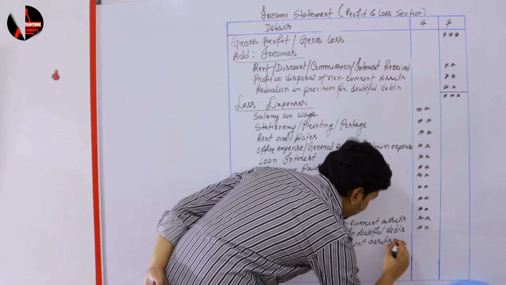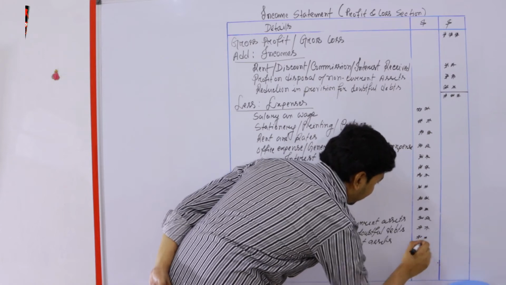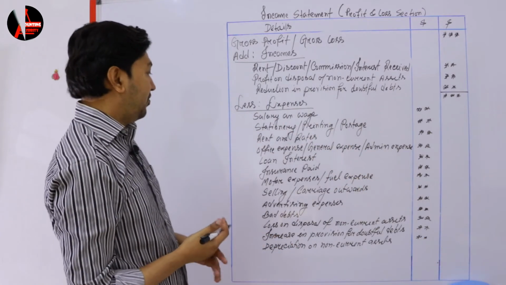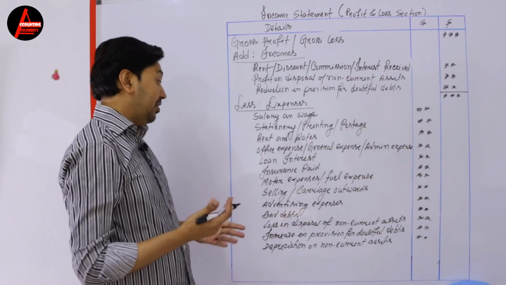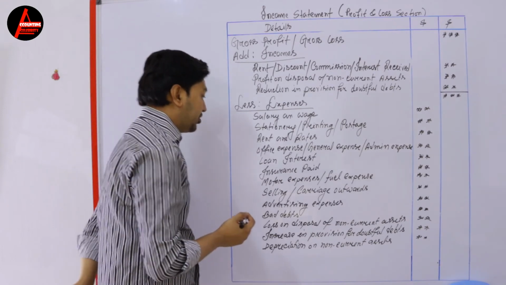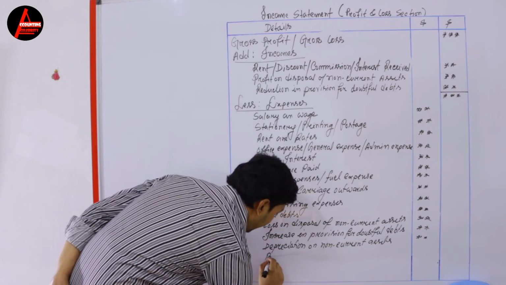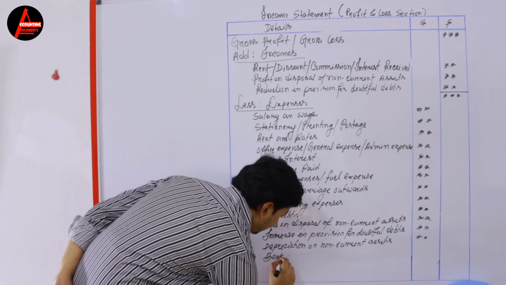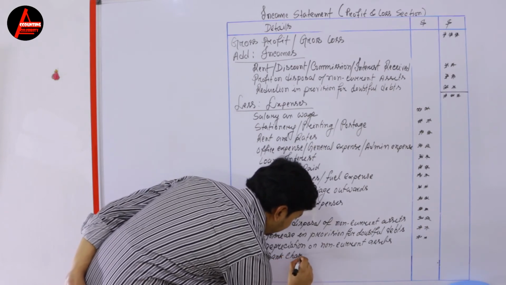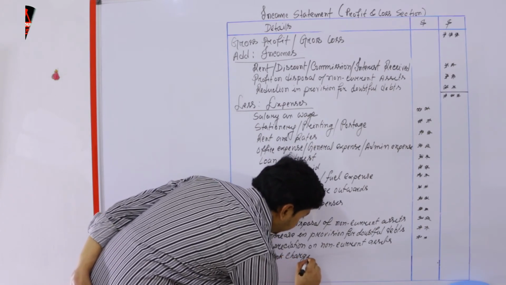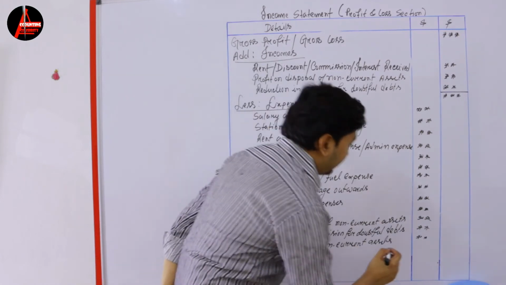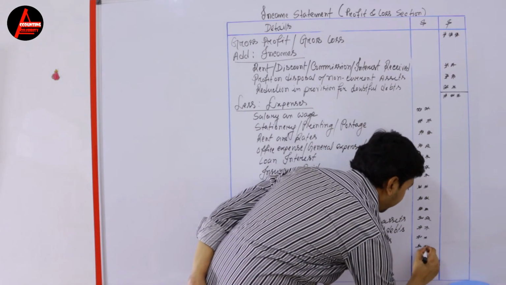Okay, it will come here. Fine. Then what else? Like if you have bank charge, okay, it is also an expense.